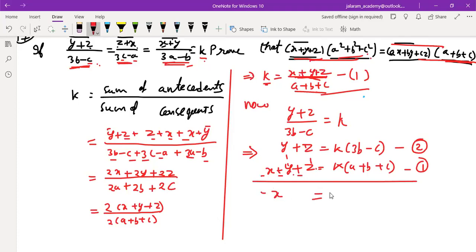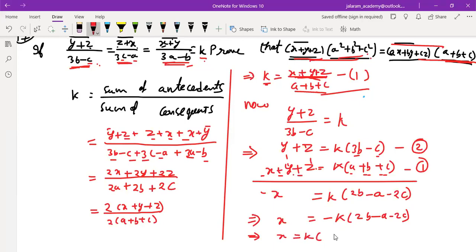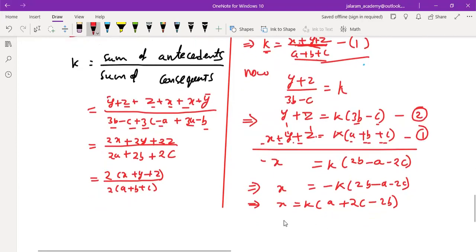So minus x equals k common into minus, minus, minus: 3b minus b is 2b, minus a, and minus c is minus 2c. It implies we can write x equals what? Minus is transferred to this side, so x equals k into, when we transfer this minus sign inside the bracket, a plus 2c minus 2b. So this is the value of x only.